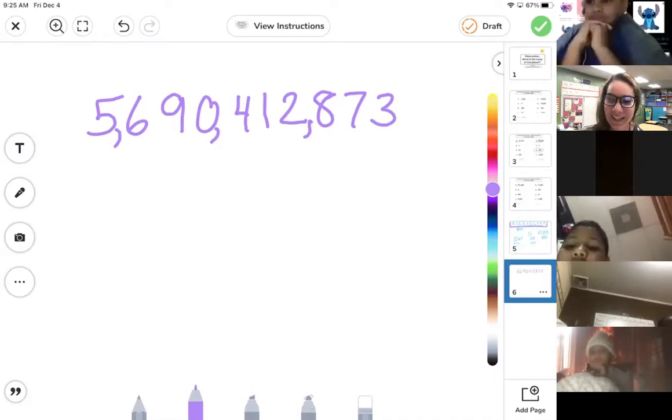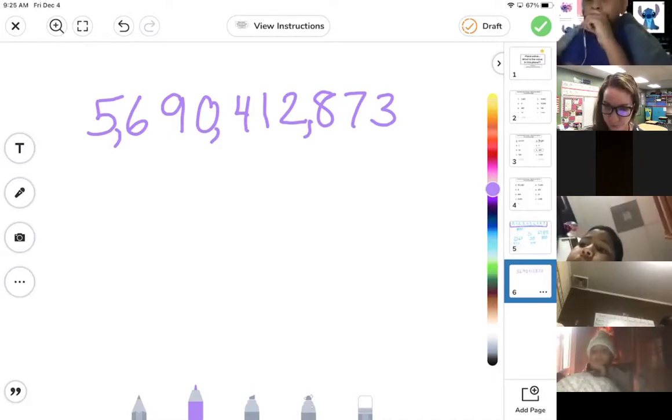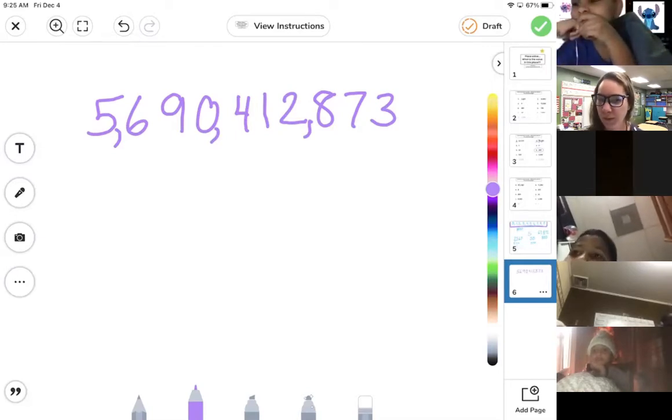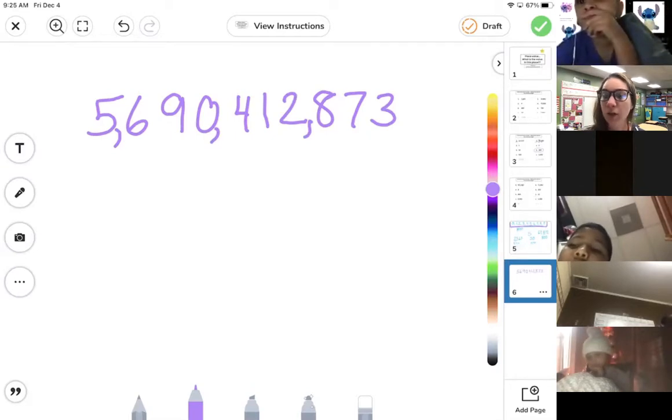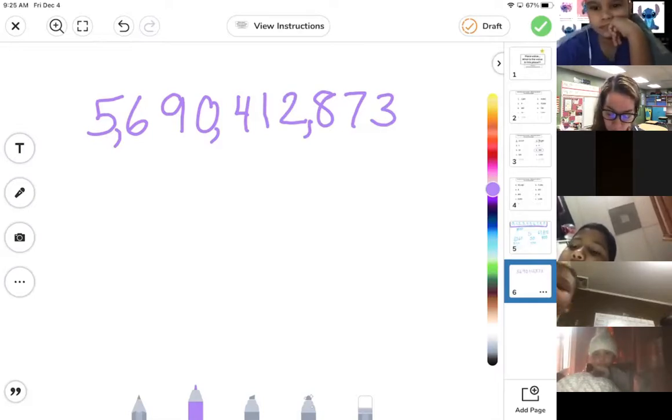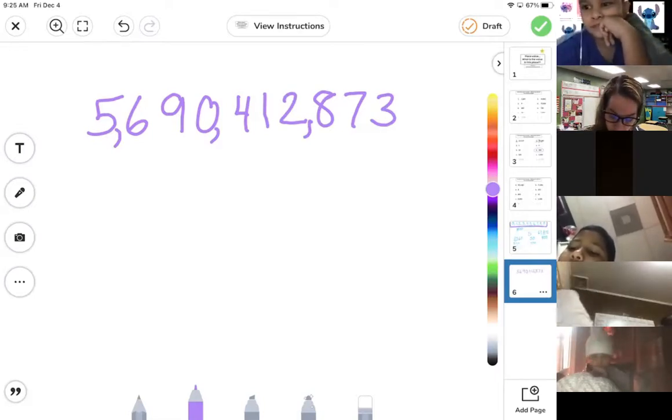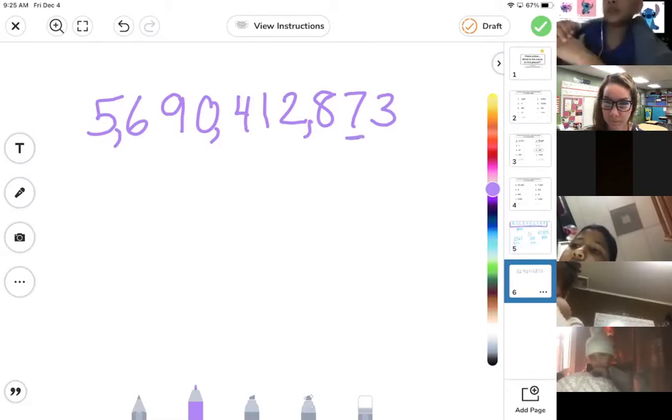Now, what is the value? I'm going to call on different people and give them different digits that they have to tell me the value of. I'm going in the order of my screen, so just be aware that you probably have a different order on your screen. Jacob, you're first. What is the value of this 7? 70.